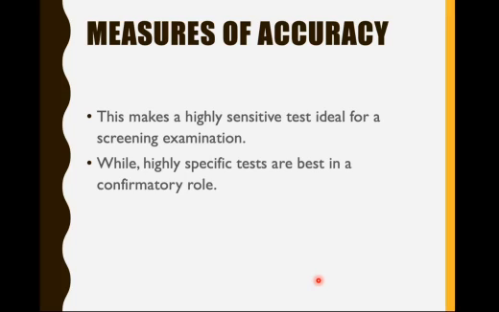Because if the false positive rate is high, and false positive rate is the complement of your specificity, then specificity will be low. So you need a test that's more specific, that's highly specific, to be able to confirm. So you need another test that's highly specific to confirm whether the patient that tests positive for ELISA really has the disease.